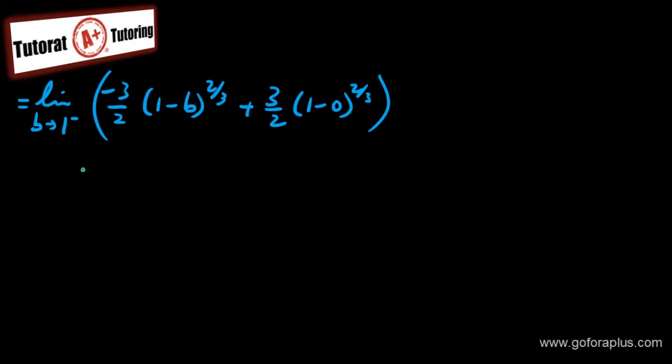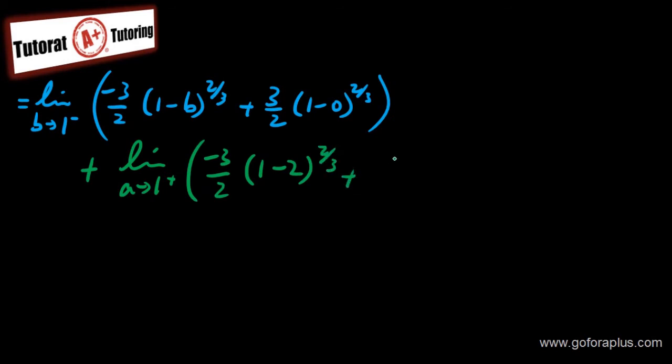Then I add my second part, limit of a approaching 1 from the right. Basically it's the same thing, except that the first value is going to be 2, and minus becomes plus 3/2 times (1 minus a) to the 2/3.